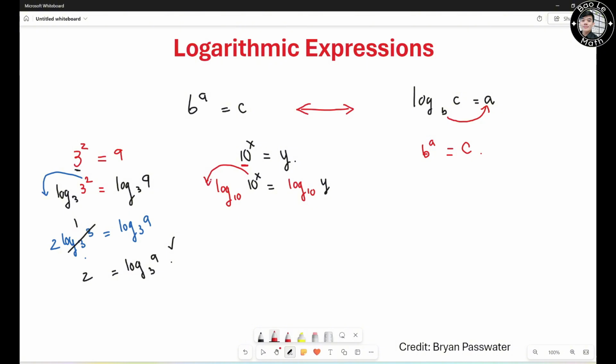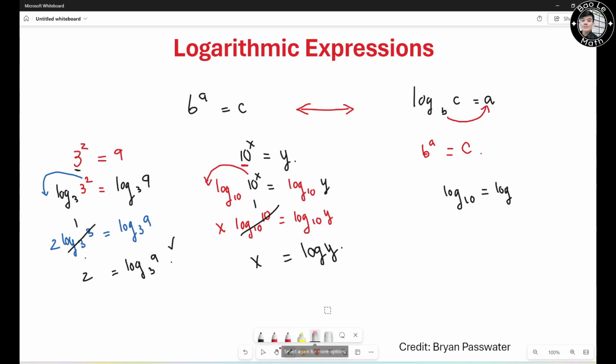So I have s log base 10 of 10 equals log base 10 of y. Alright, so this guy right here equals 1. So the left hand side should be s, and the right hand side, we know that log base 10 is the same thing as log, like this. This guy right here, I just write log y, like this.